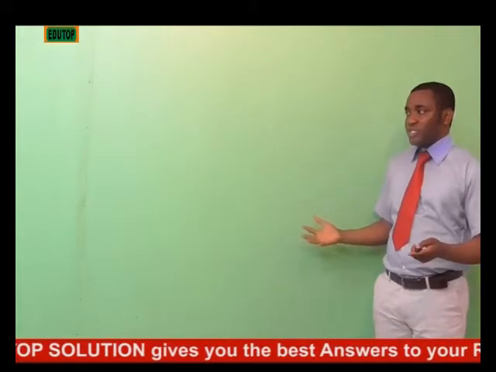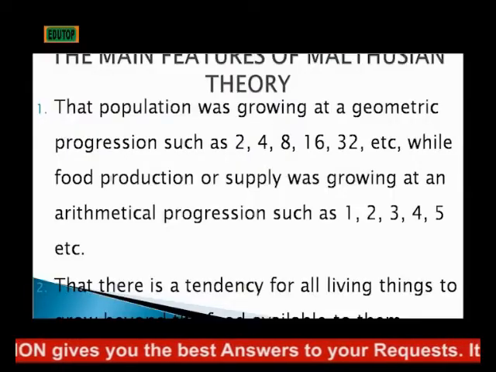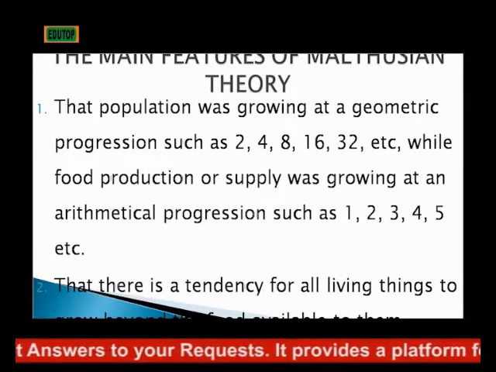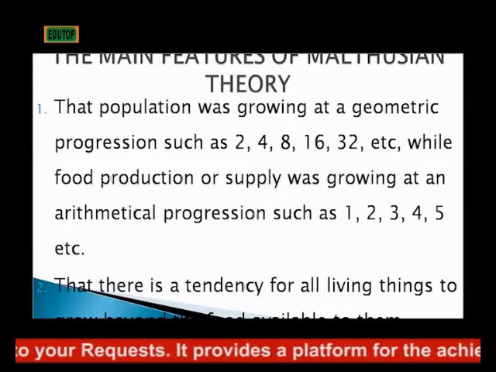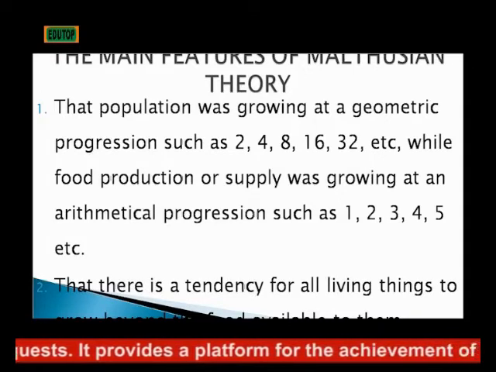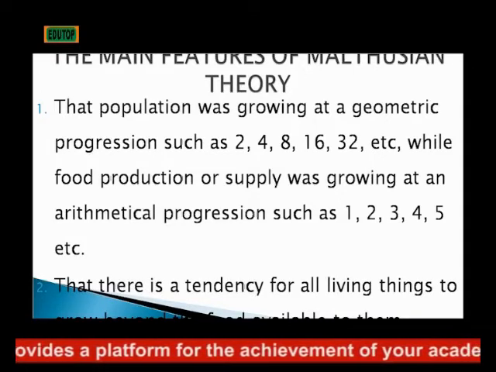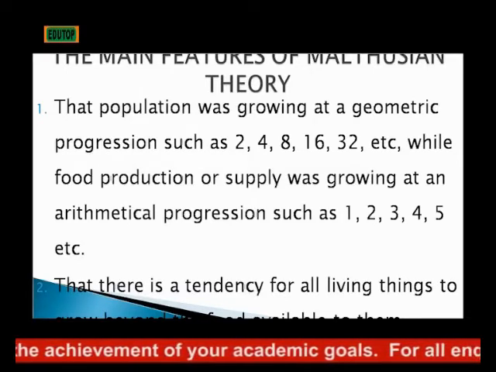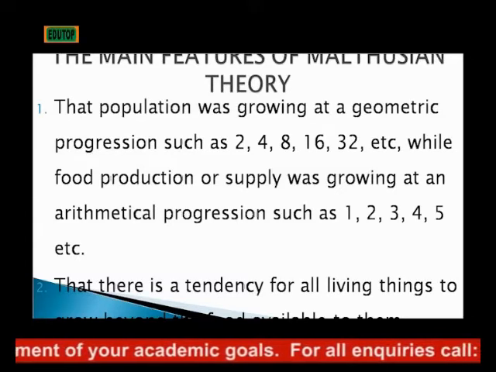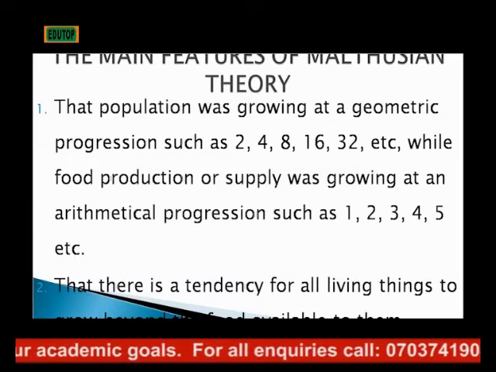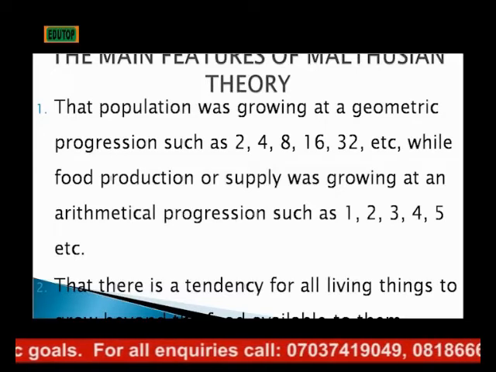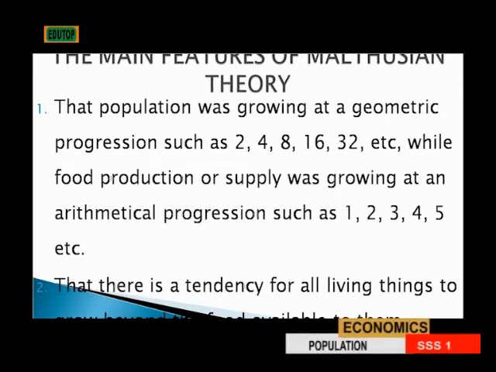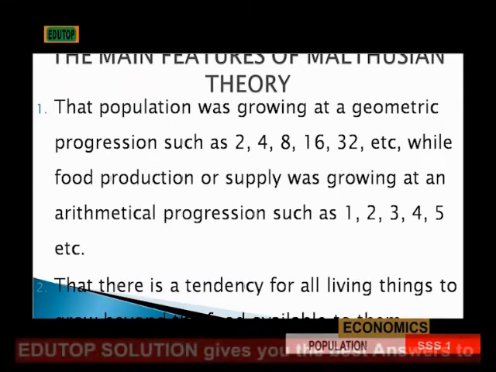What are the main features of this Malthusian theory? First, the population was growing at a geometrical progression, such as 2, 4, 8, 16, 32, and so on. That is, it was multiplying. The population was growing at a multiplying rate, whereas the production of food and other resources to satisfy this increase in population was moving at a very slow, additive rate, one after the other: 1, 2, 3, 4, 5, and so on.